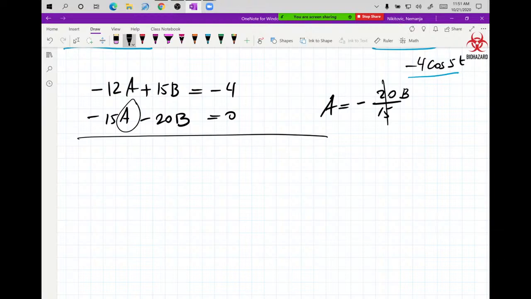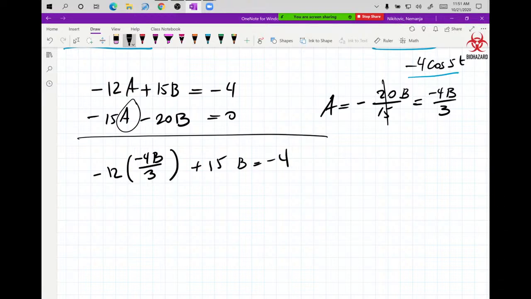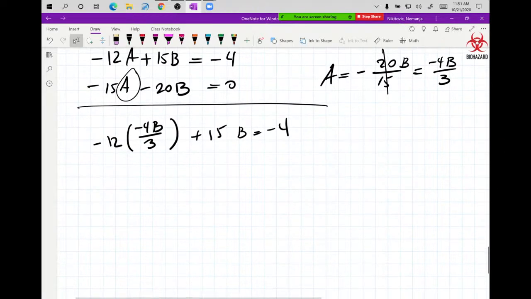This cancels down by 5, so it's negative 4b over 3 when you cancel it by 5. So that's what a is, and we plug that into the equation up there, so negative 4b over 3 plus 15b equals negative 4.